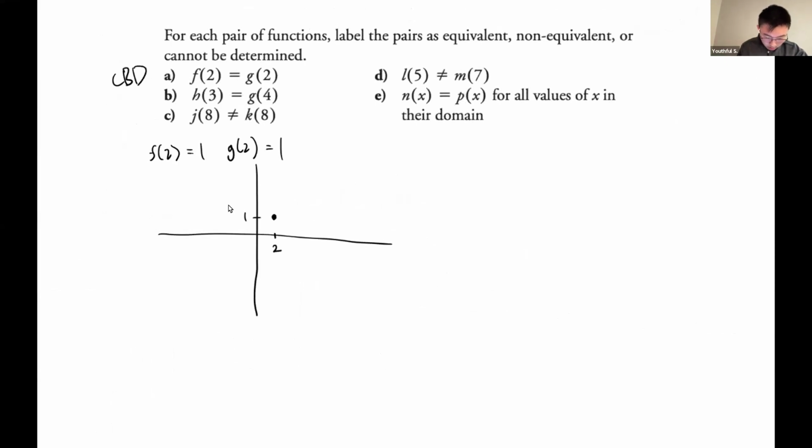Okay, for part B, we have h of 3 is equal to g of 4. So h of 3 equals g of 4. It's kind of similar to part A. They don't give us enough information to know for sure. So again, if you look at the graphical approach, let's say h of 3 equals 1, and then g of 4 is also equal to 1, because they tell us they're equal.